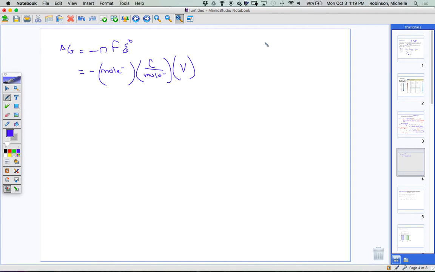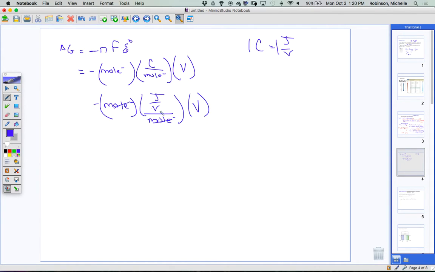You don't really know what a coulomb is, it's a joule per volt. That's just what it is. So 1 coulomb is 1 joule per volt. So if I substitute in joules per volt for that coulomb, do you still see it all cancel?